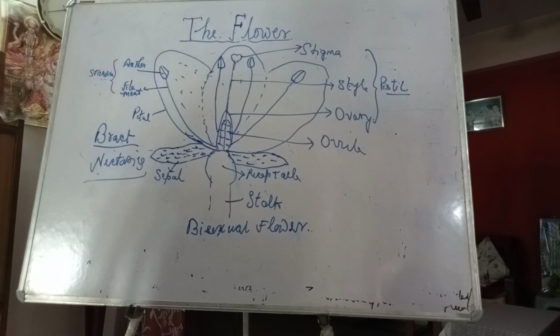And apart from this, what are the other things that you have to remember? The placenta, which is the tissue connecting the ovule to the ovary. The arrangement of placenta is called placentation. And the arrangement of flowers on the plant is known as inflorescence.